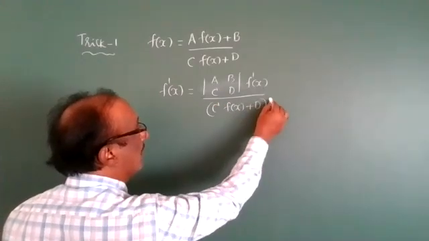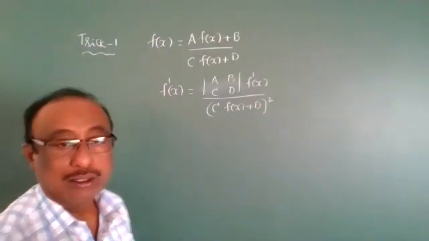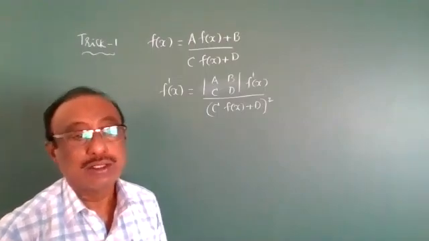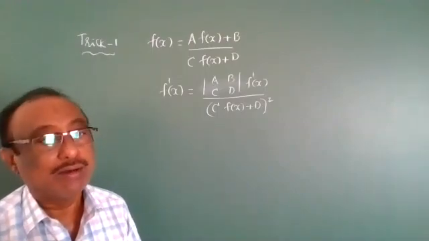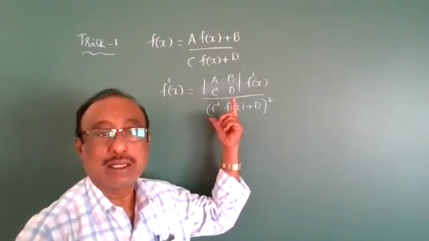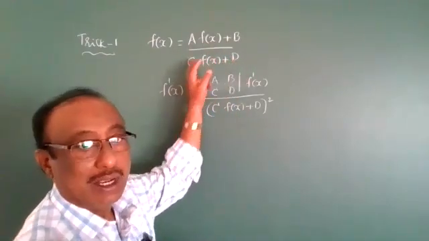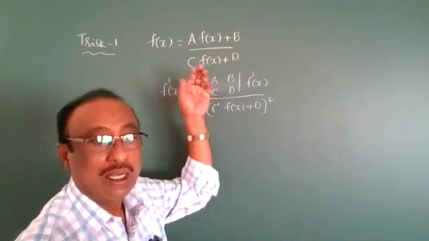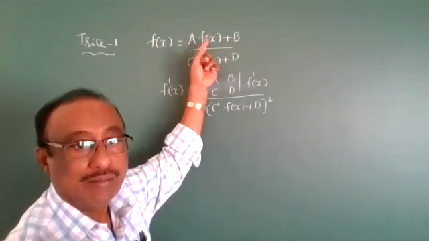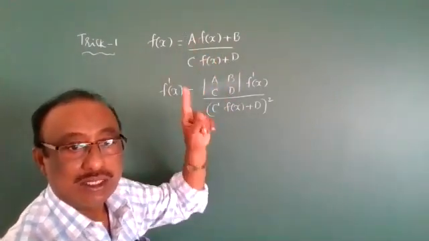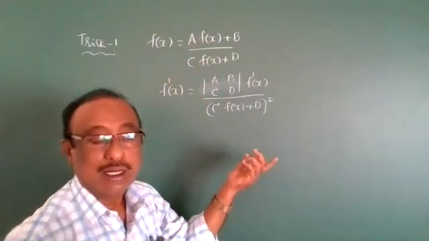Actually, it comes from the u by v formula. We cannot keep writing the u by v formula; we can apply directly. So constants AD, multiplication of constants minus multiplication of constants, the determinant, into the direct derivative f dash x by the denominator square.